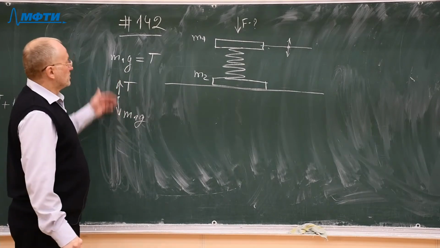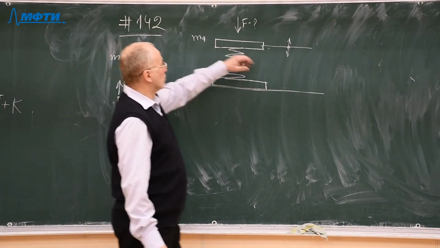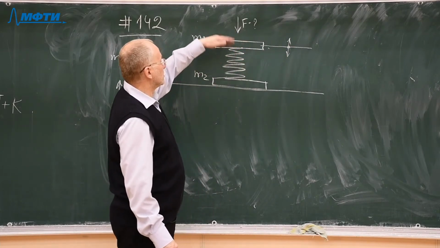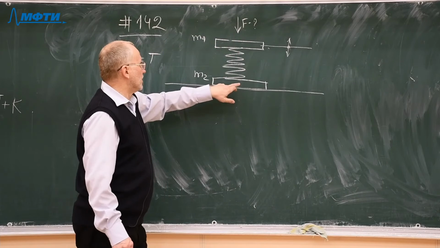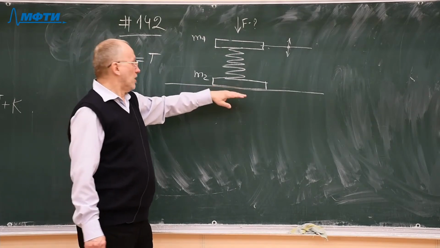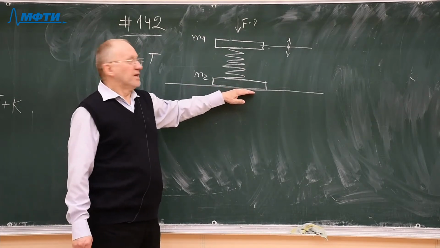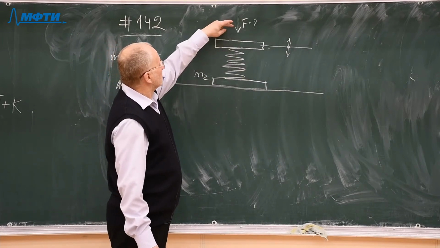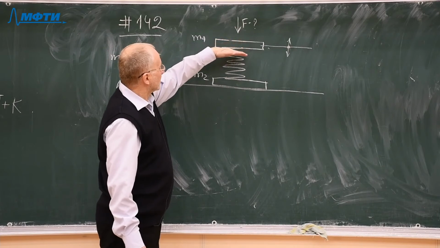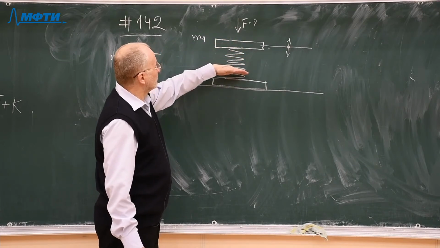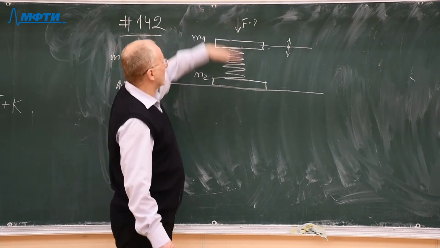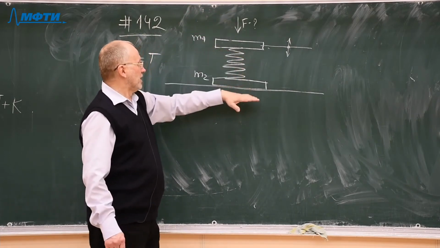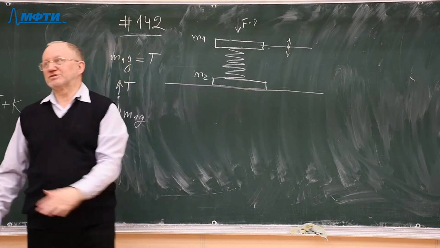If we press a little bit, it will oscillate about the position of equilibrium, but the lower plate will remain on the surface of the table. And the problem asks, what should be the force of pressure upon the upper plate so that when we release it, it will oscillate to such an extent that the lower plate will jump a little bit from the surface of the table.